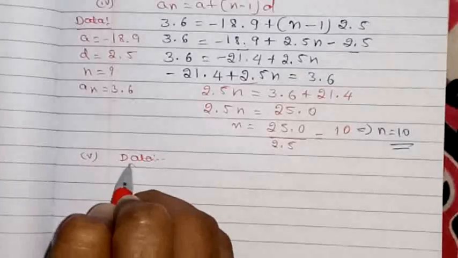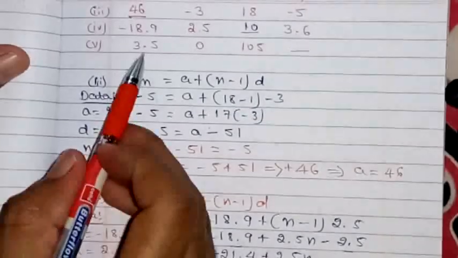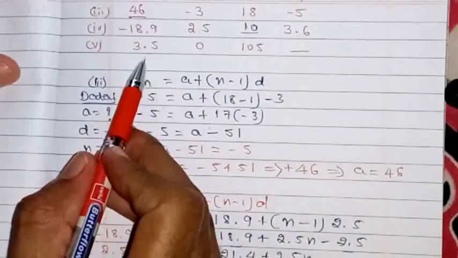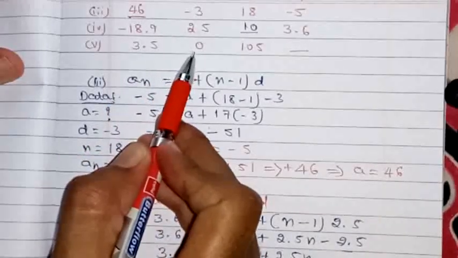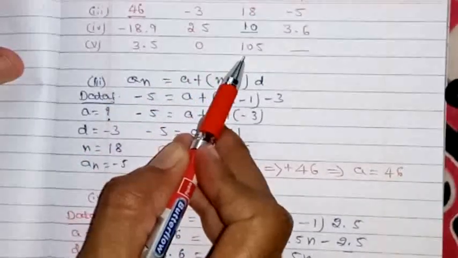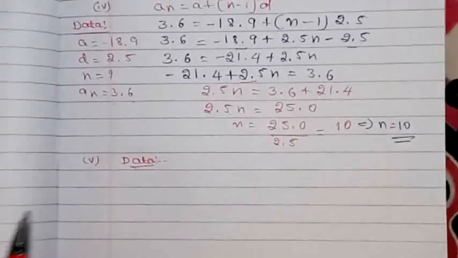Okay, so what is the data they have given? Just observe here. So they have given a. A they have given how much? 3.5. D they have given how much? 0. N they have given how much? 105. So you need to find an, right? So I'll write the data here.